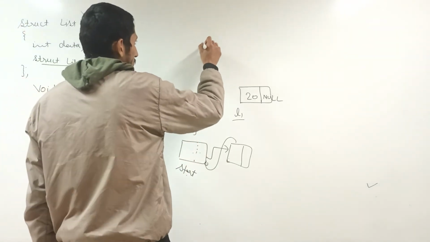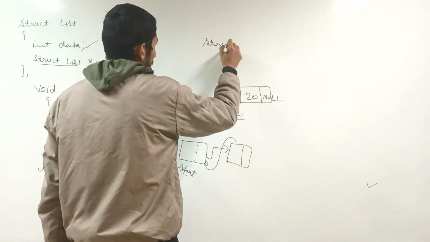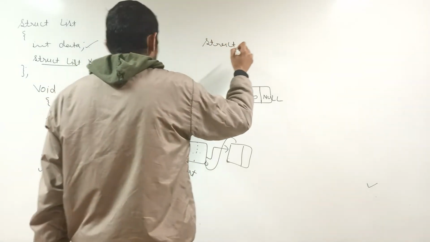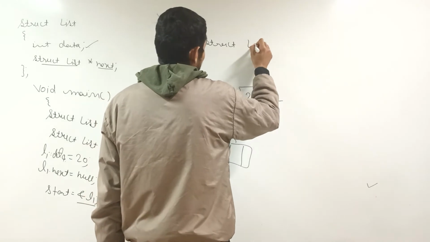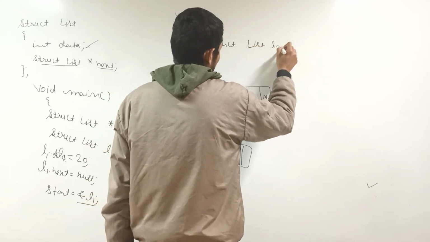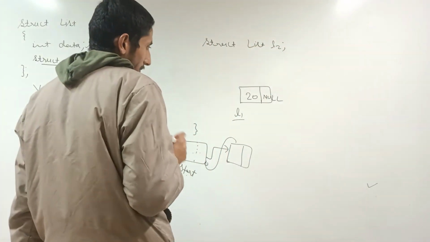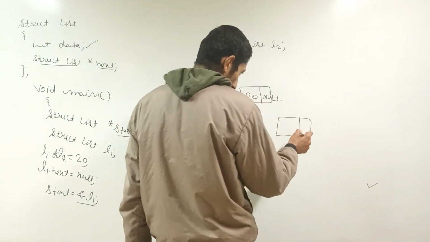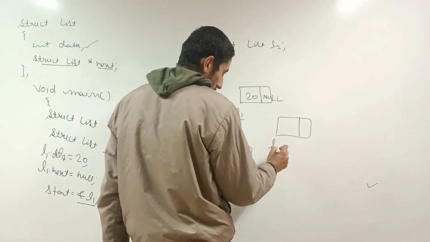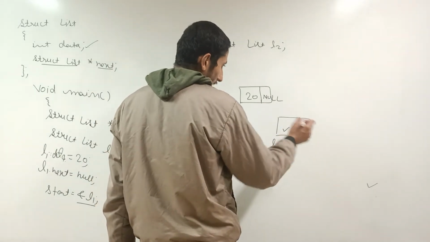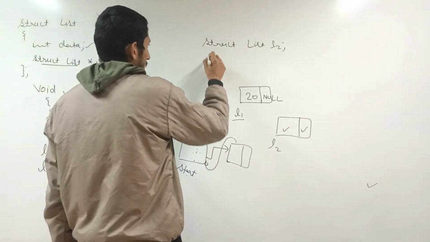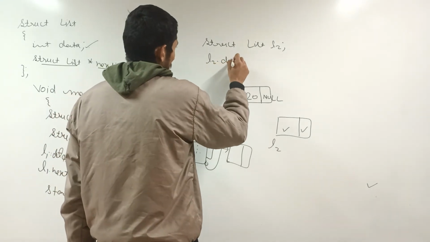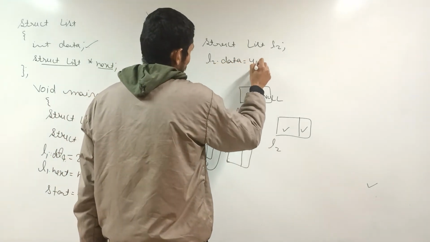I can apply a loop, but for the sake of simplicity, I can write like this: struct list L2. What is going to happen? The moment I write L2, a separate block will come inside the memory named L2. I can put data and I can store the address. So let me put data: L2 dot data equals 40.